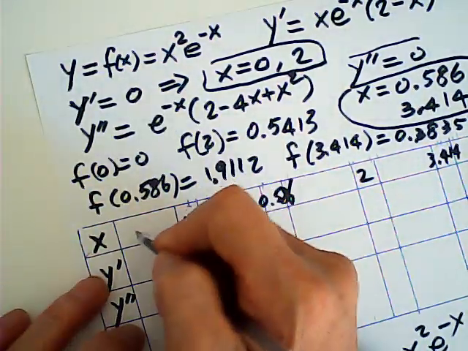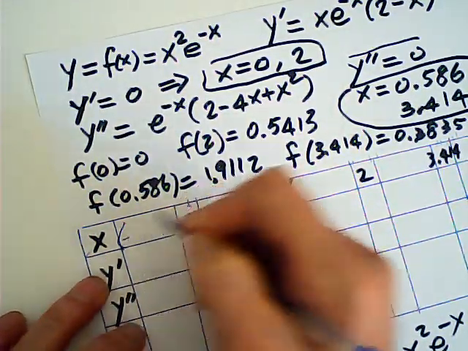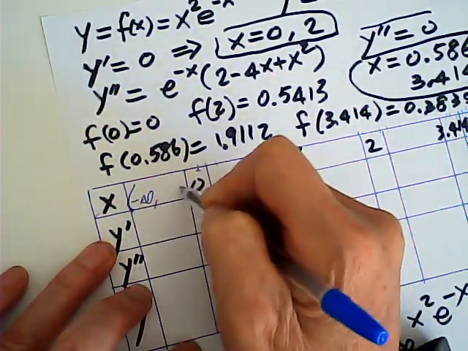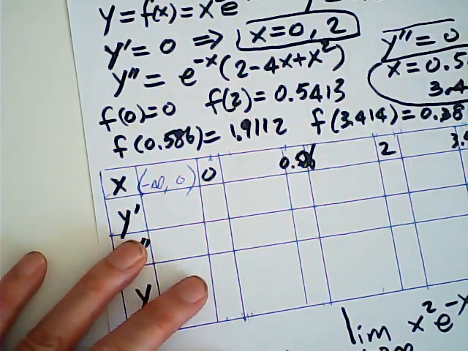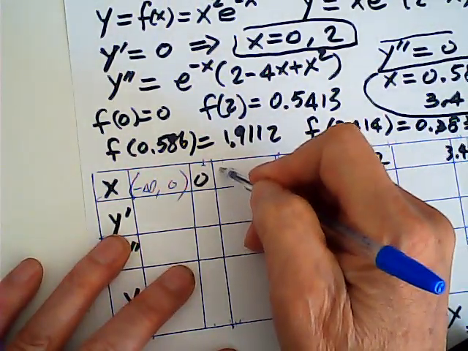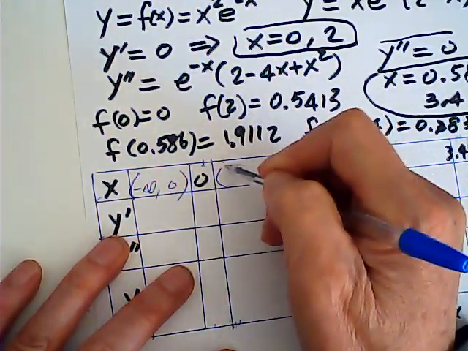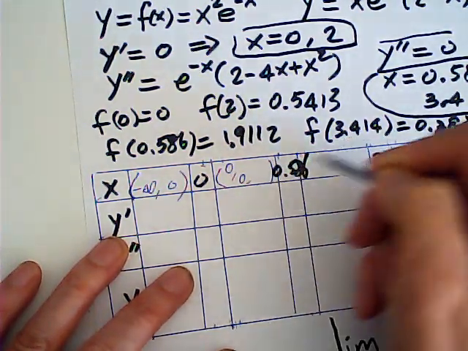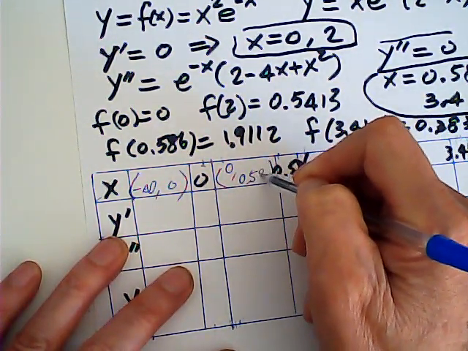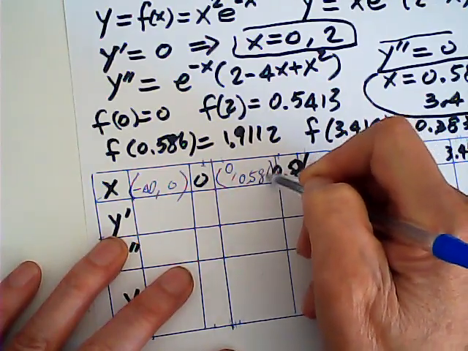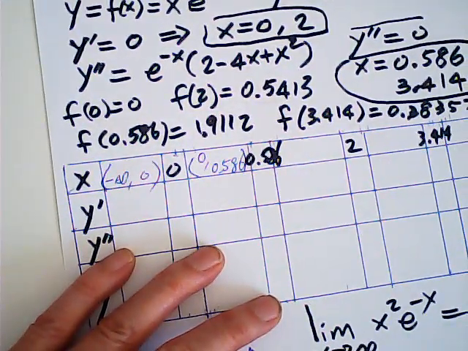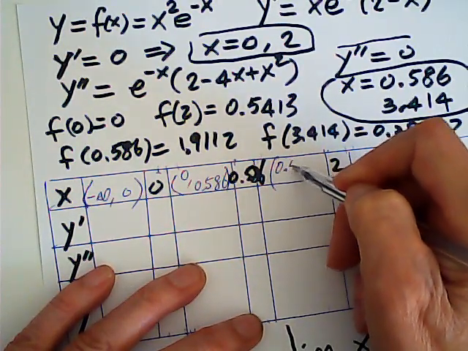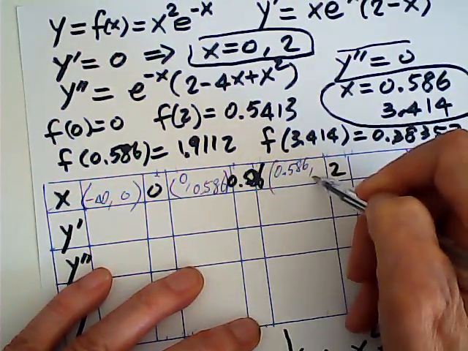Now let me write small. This one is from minus infinity to 0. This one is from 0 to 0.586. I hope you see that. This was from 0.586 to 2.